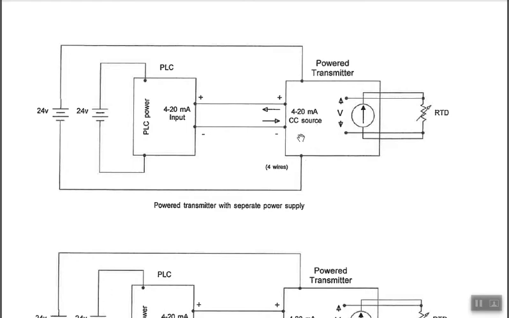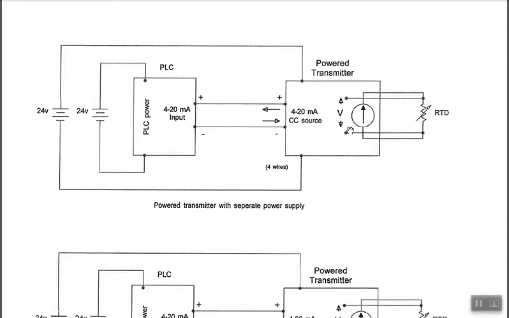And this is the distinction I like to keep in my head. What I have inside here is now a current source, a constant current source. It's going to be the microcontroller in here that's taking the temperature variation that causes the resistance variation that causes the voltage variation.